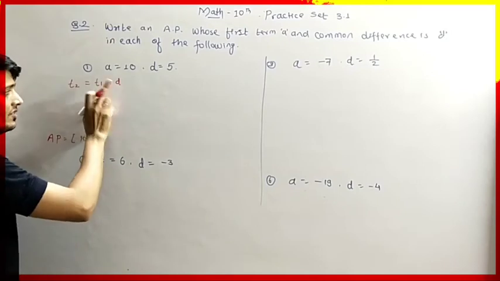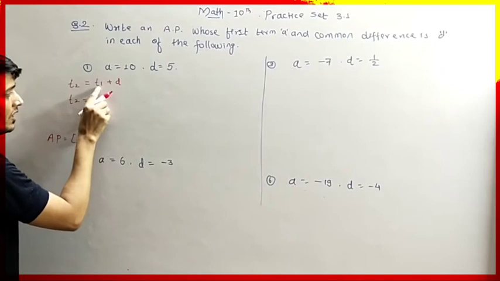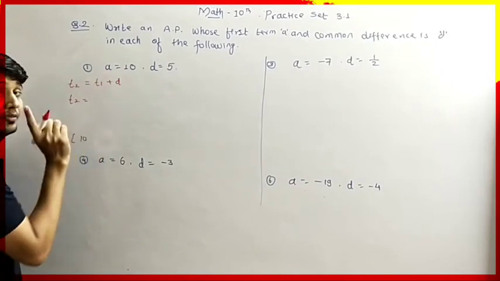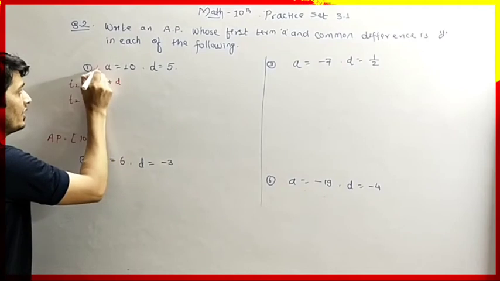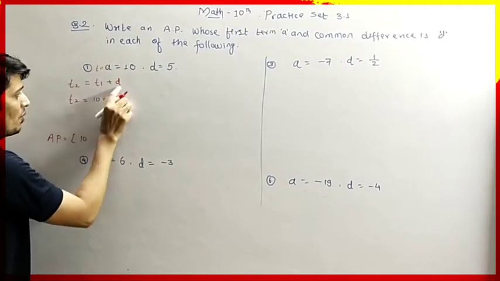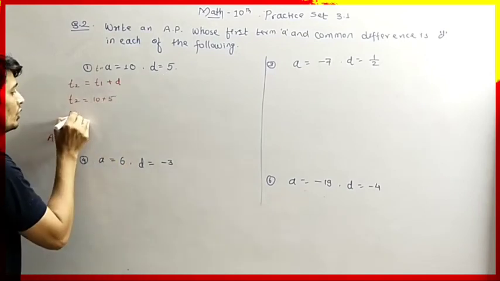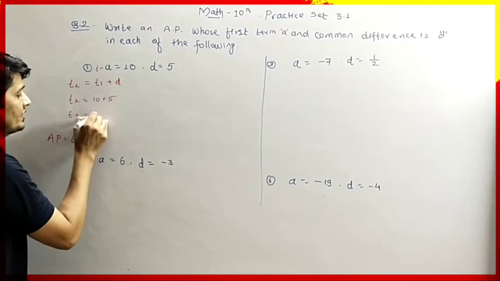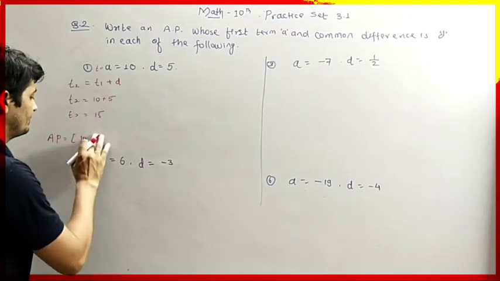A plus D is the second term. The first term is 10, so T1 equals 10. So 10 plus the common difference D, that is 5. So T2 equals 10 plus 5, which is 15. So 15 is our second term.